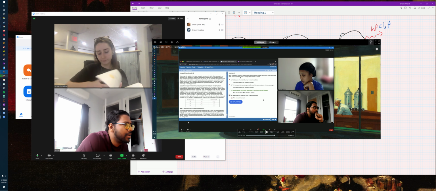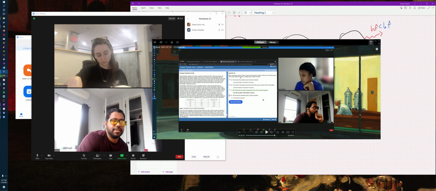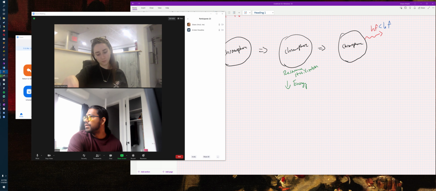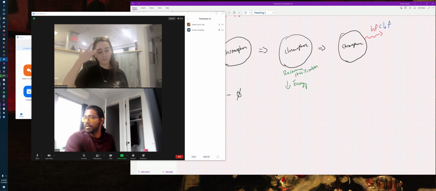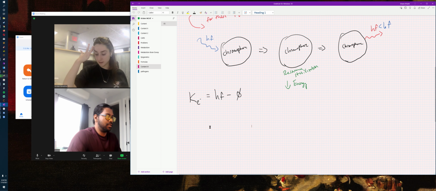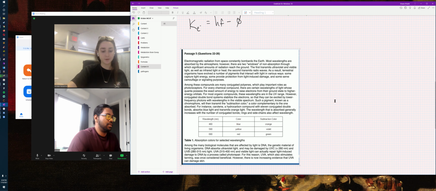Yeah, so they're saying wavelength, color, subtraction color, like blue, orange. And then it says here, I'll screenshot this. If the subtraction color is not really important, I don't really need to go over that passage, because I think it's more conceptual than the specifics.